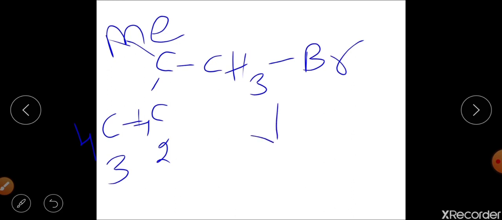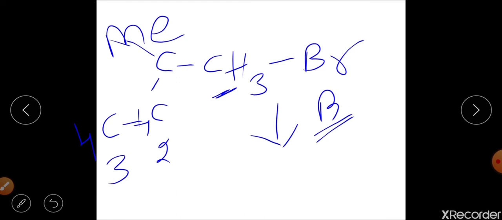And when this is allowed to react with any base, you can see that this carbon is bearing the bromine. When we talk about this particular carbon, we can clearly see what will happen, how it will undergo the dehydrohalogenation reaction.